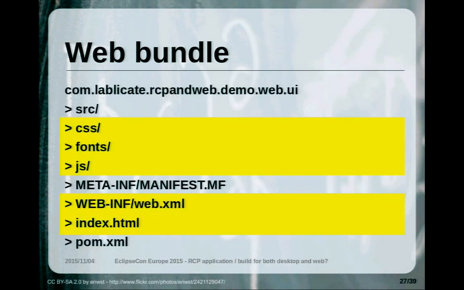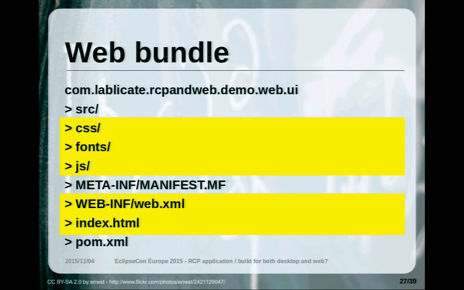So the question is, this was one part of the preparations we have to do to run our RCP application in the web. What's next? Which next steps are needed? I would show you a short screenshot. As you see, nothing. It's a bit too big, but effectively it's what we have in here. We create our web bundle, or our OSGi bundle, called demo web UI.